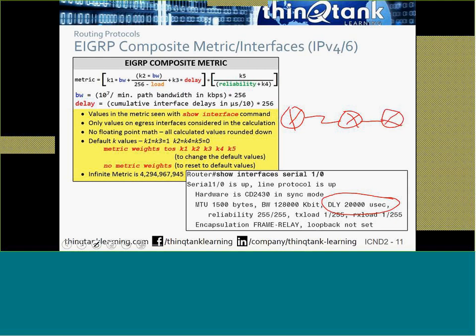So if I'm trying to figure out the metric for R1 to get to network X, I'm going to look at the bandwidth and delay on that interface, the bandwidth and delay on that interface, the bandwidth and delay on that interface, and based on those values, I'm going to decide what goes into the formula. Ingress values do not matter for metric. So if I want to manipulate the metric in that direction, I have to change bandwidth or delays on those interfaces specifically.